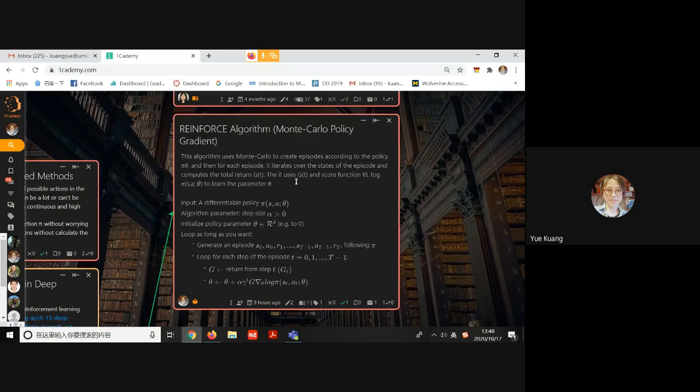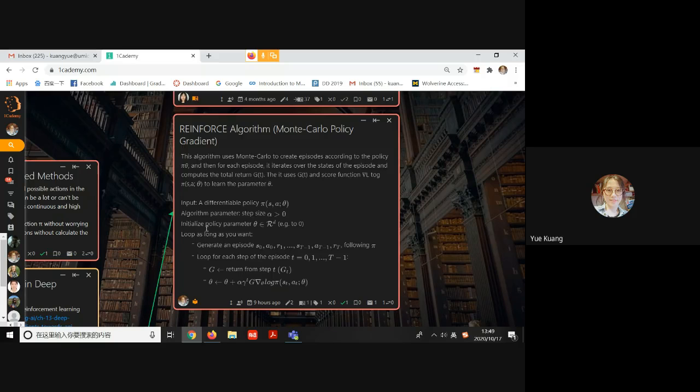Then it uses the return and the score function to backpropagate and learn the parameter theta. So here is the pseudocode for the algorithm. The input is a differentiable policy pi, and the step size alpha, which is a positive number, is the algorithm parameter.